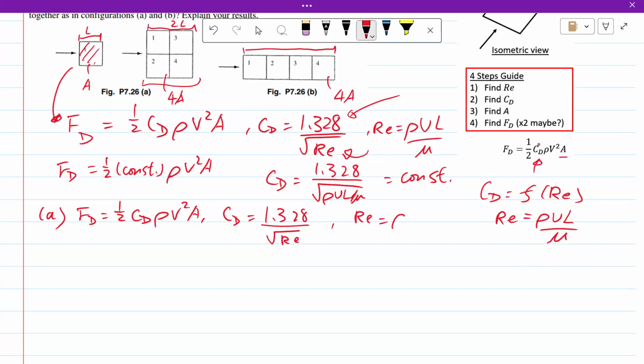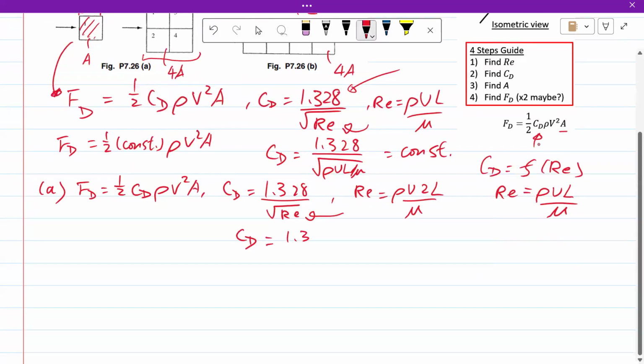So RE is actually equal to rho U 2L divided by mu. Sub it into your CD, your drag coefficient becomes 1.328 divided by square root of 2 rho UL divided by mu. We're going to calculate the square root of 2 and just take it out.